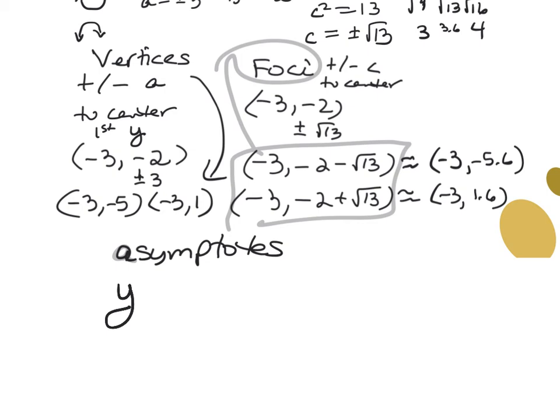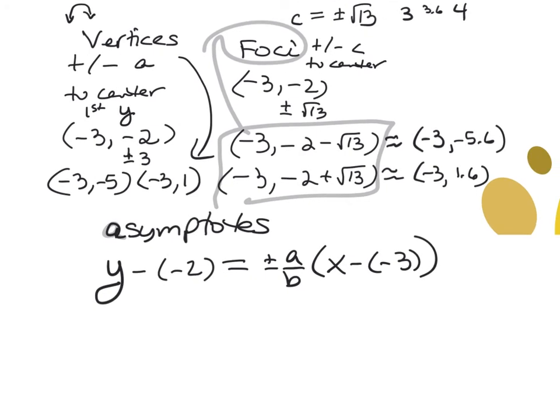So I'm going to subtract the k. So y minus -2. Remember, when it's vertical, we're going to be doing a over b. So plus or minus a over b, and then x minus the h.